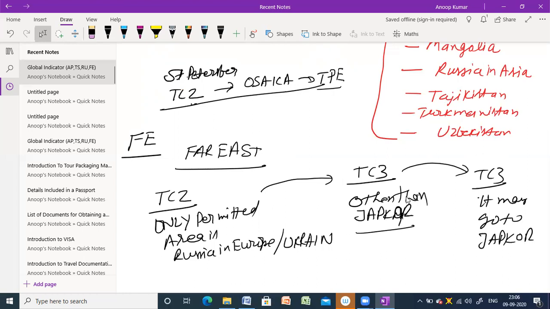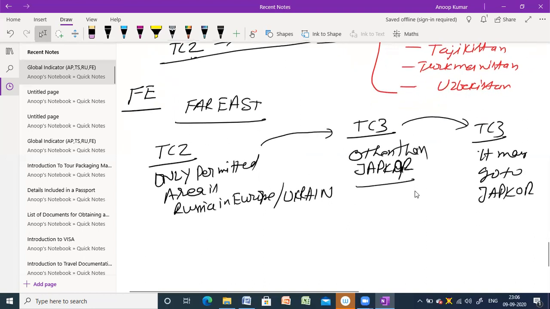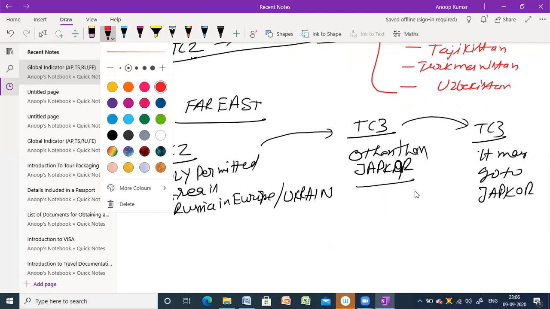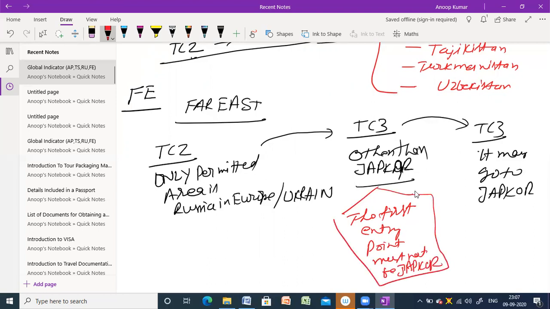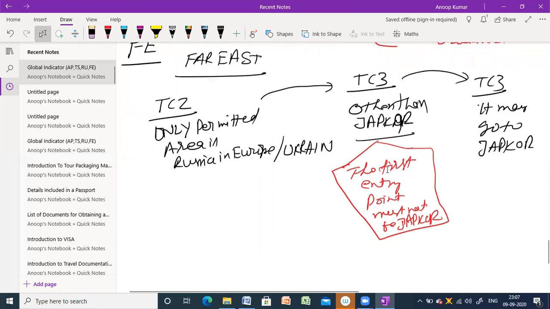That the first entry point must not be the JAPCOR area. It may be any other area apart from JAPCOR. If this is the case, the applicable global indicator will be Far East.